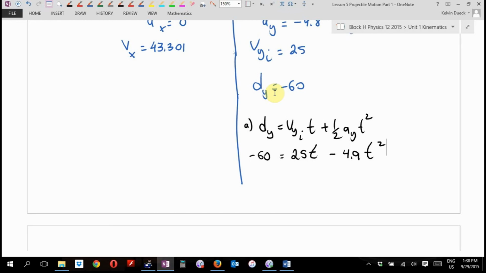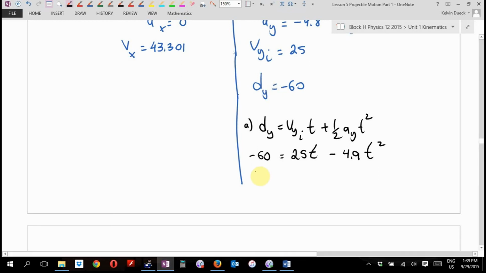The easiest way to make this equal to 0 would be to add the 60 over, but this is just me being me. I have learned that when my squared term is negative, when a in the quadratic formula is negative, I make stupid mistakes. So I'm actually going to add the 4.9 t squared over and subtract the 25t over, because it's all the same amount of writing, because I'm doing it all in my head anyways. This is just me being me, okay?